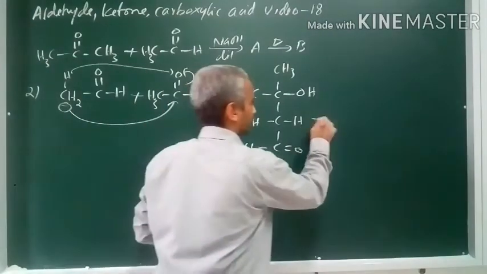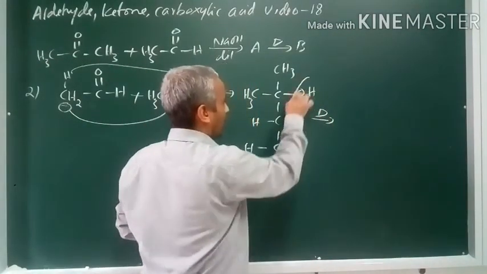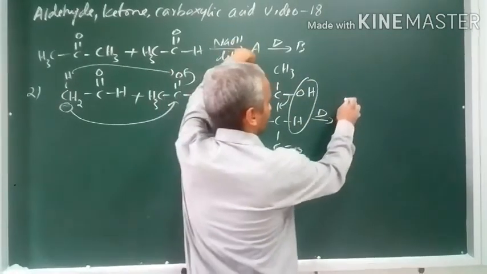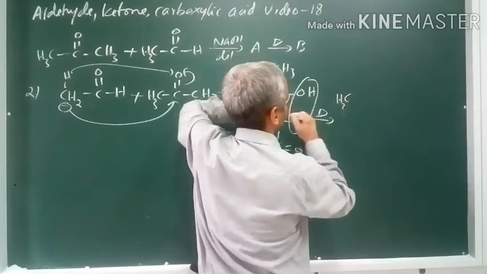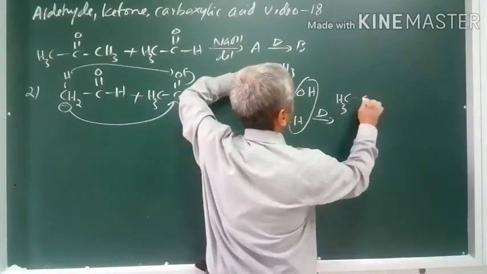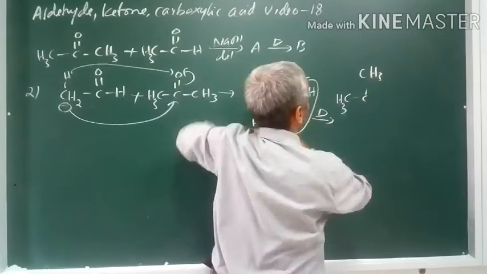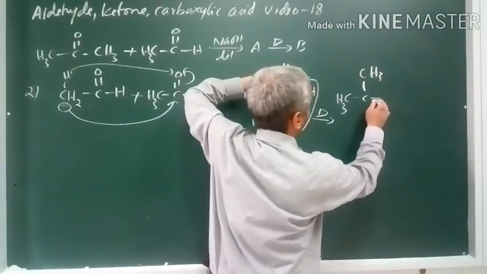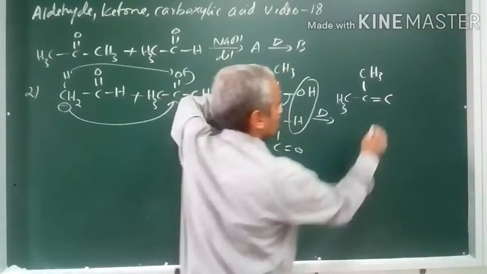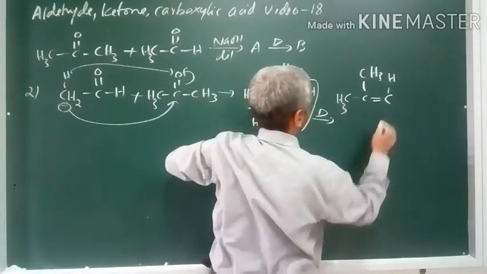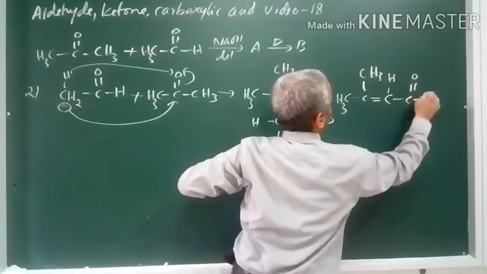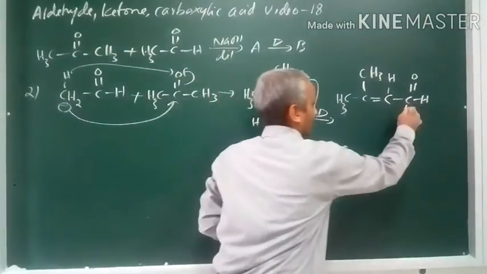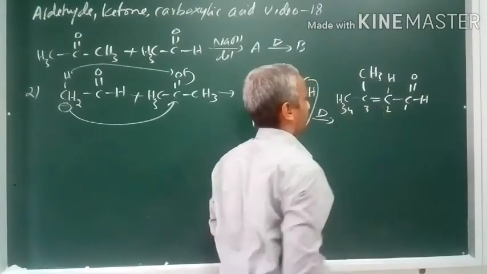Heat it. A water molecule gets removed. So what is the product? CH3, then double bond CH, then CHO. 1, 2, 3, 4.